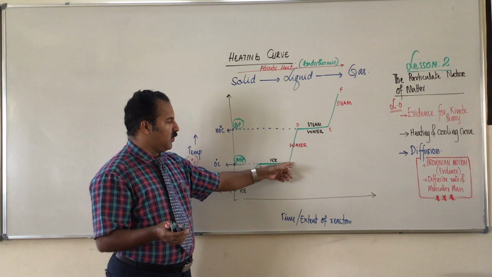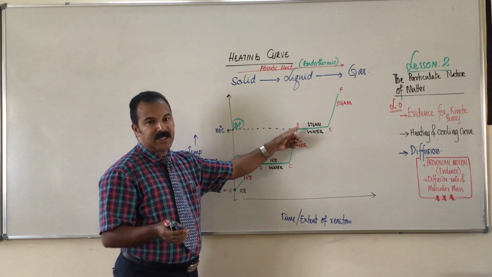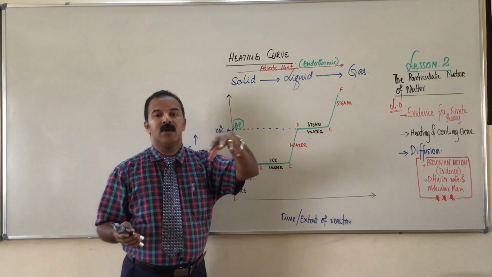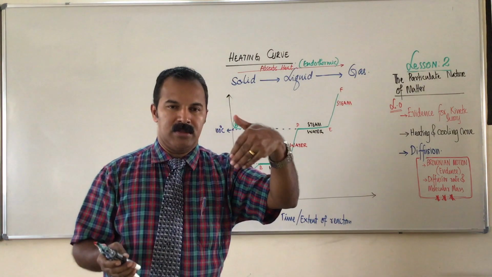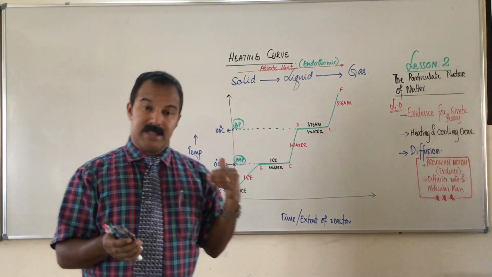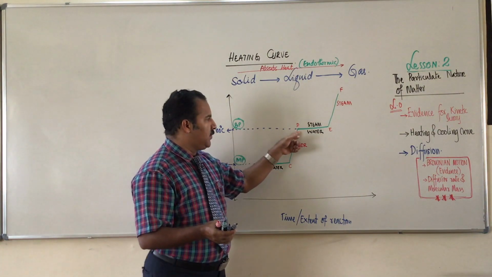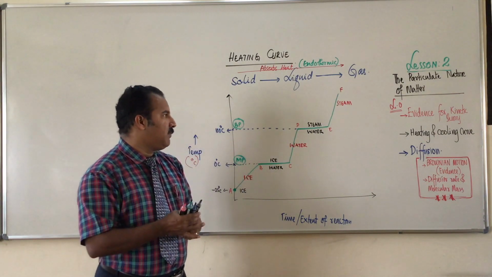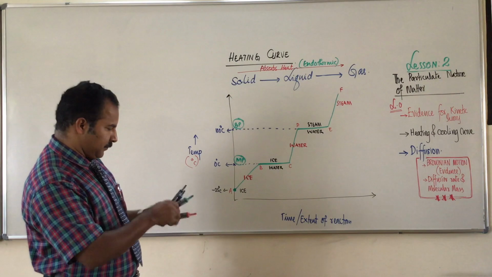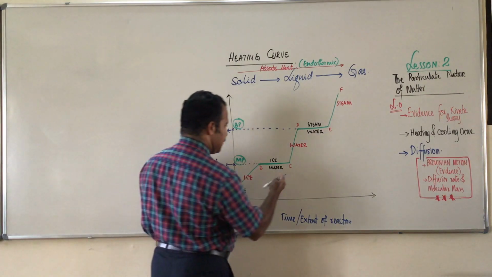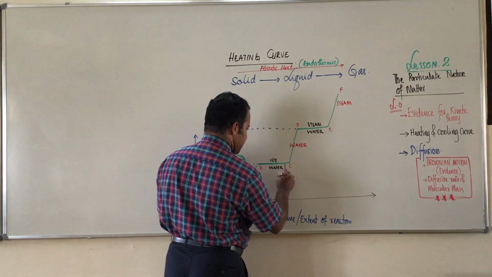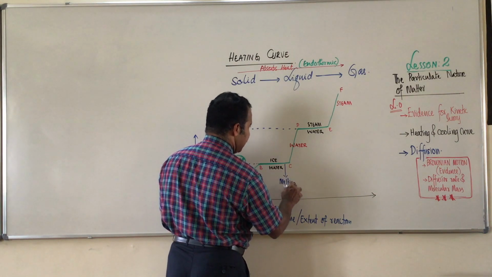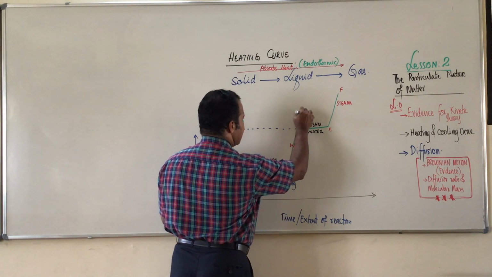Then later on, it's only liquid. Liquid is getting heated up to its boiling point, and at the boiling point, it starts the conversion of the liquid to gas. It's at the highest rate, and you get boiling happening here, and then finally you have only its vapor. The process happening here is melting, and the process here is boiling.